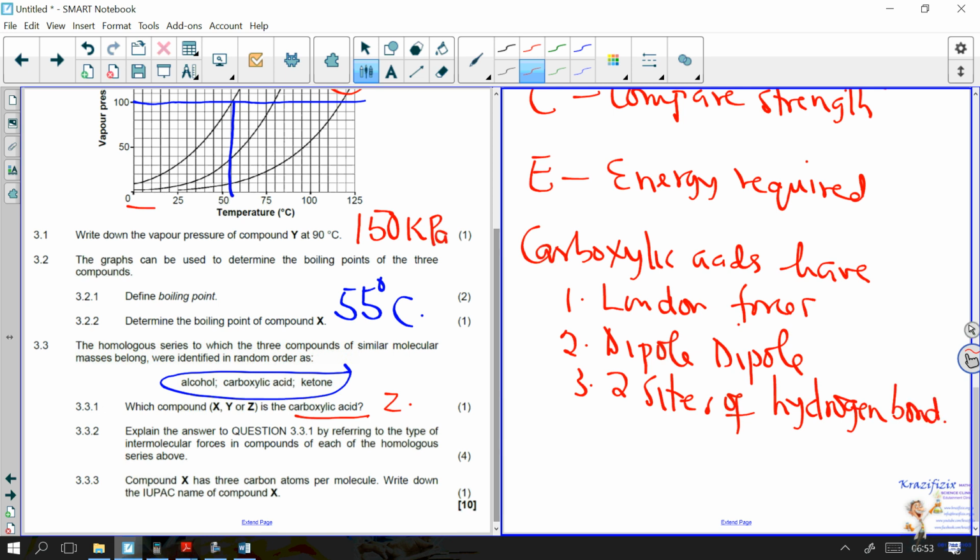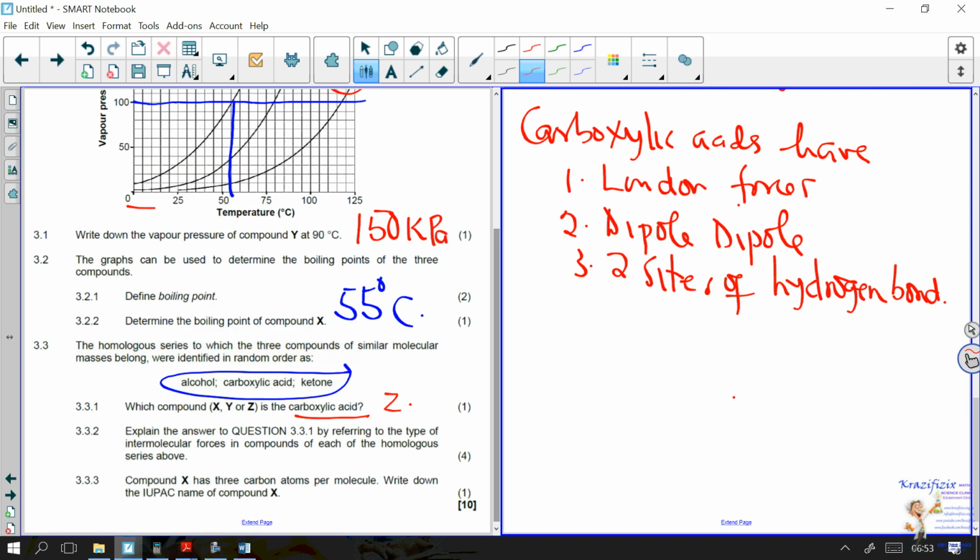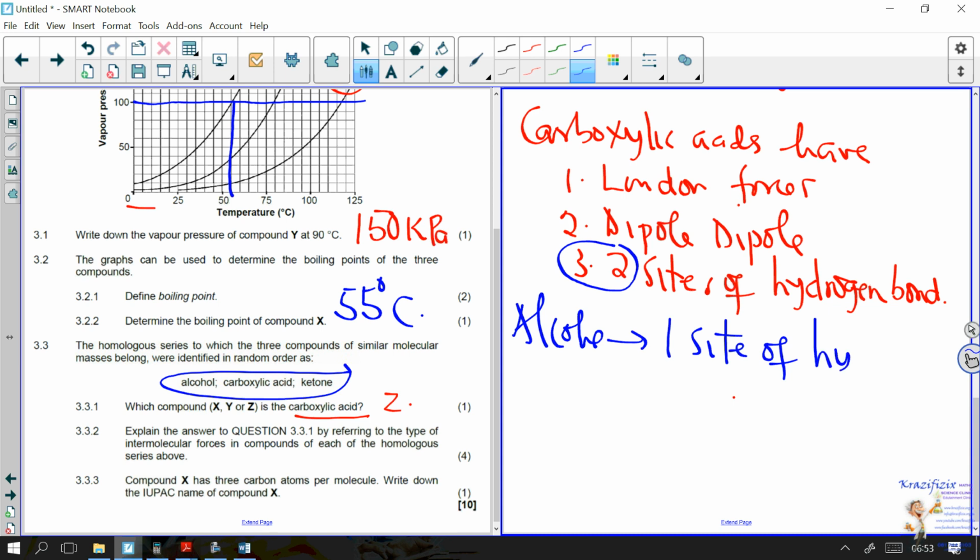Okay. Now, what about alcohols? Alcohols also have the same. The difference between carboxylic acid and alcohols is here. So for alcohols, we write the same thing, but alcohols have 1 site of hydrogen bond.